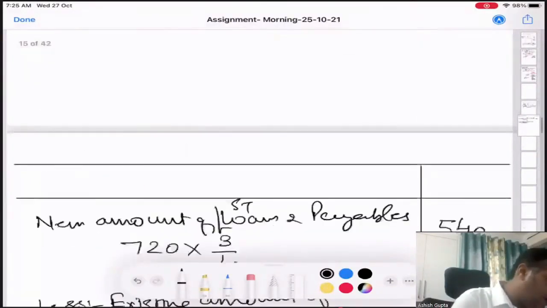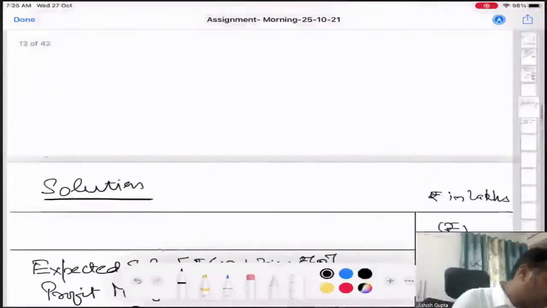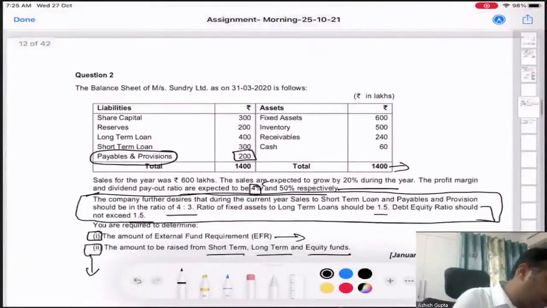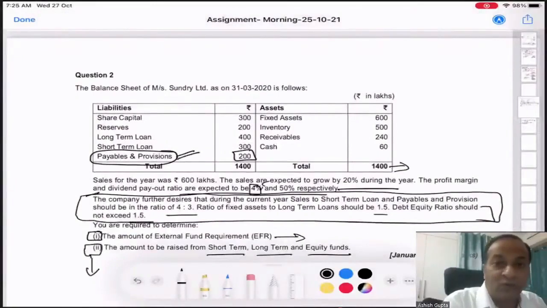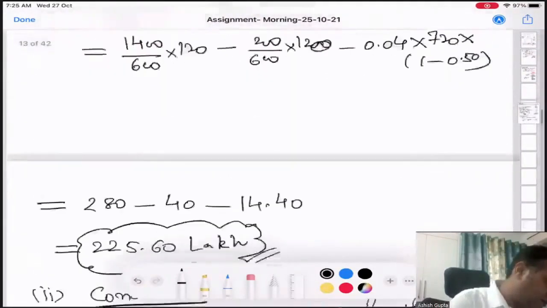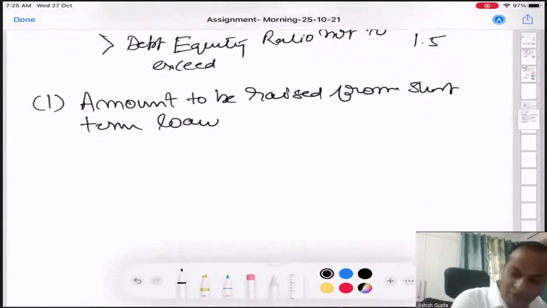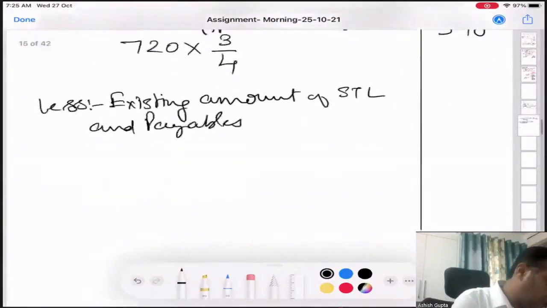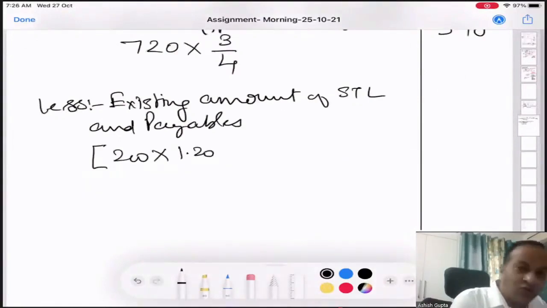Student, it is very important to note that the payable amount will increase in proportion to the sales, but there will be no change in the short-term loan amount. So let us see. The payable amount is 200, and the increase is 20.